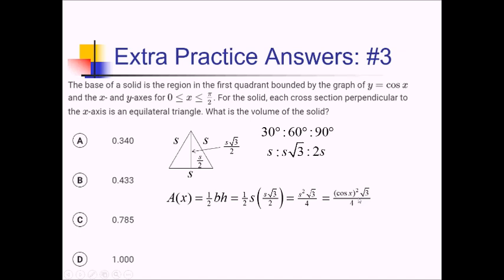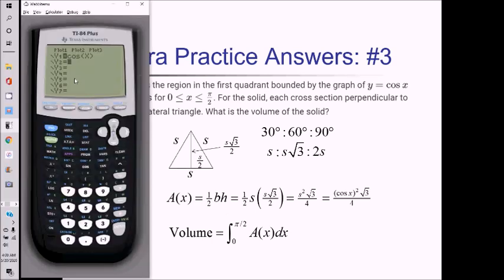So there's my area formula that I'm going to be integrating from, let's see here, we said from 0 to pi over 2. So let me just go ahead and integrate A of x dx from that using the calculator. To try to make things a little cleaner on the calculator, I'm going to do some work in the y equals. I'm basically going to enter this A of x function in my y equals.